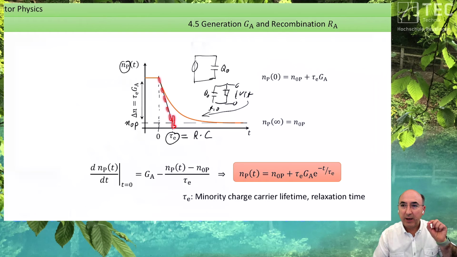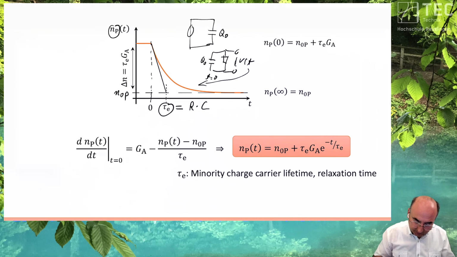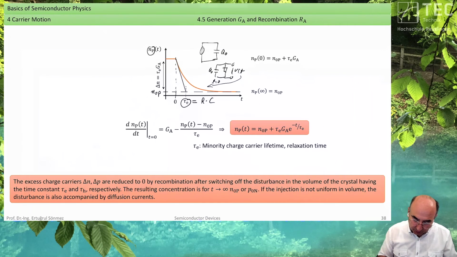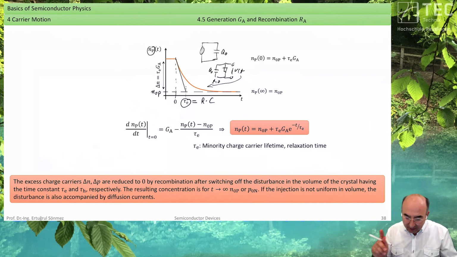So therefore, I want you to understand this behavior, and the equations just support this behavior. I want you to understand. That's it. Okay, so we have more vocabularies here, like relaxation time, or it's also called minority charge carrier lifetime.